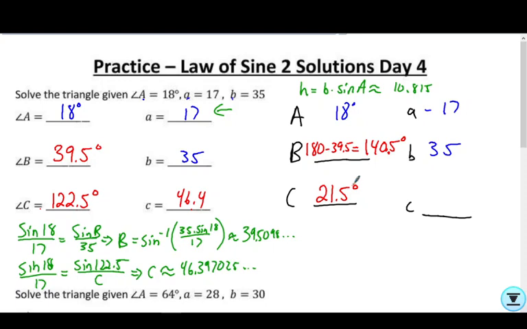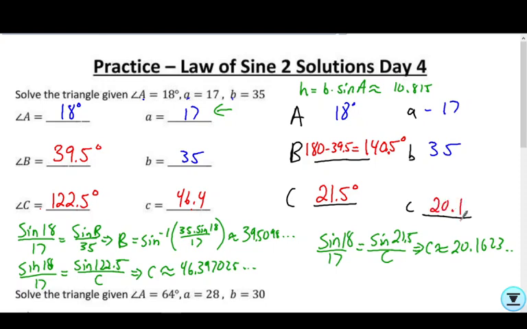And then we're doing exactly the same thing we did over here to find side C. So we set up sine of 18 over 17 equals the sine of 21.5 over C. Cross multiply and find that C is approximately 20.1623 and so on. So for this one, it is 20.1.